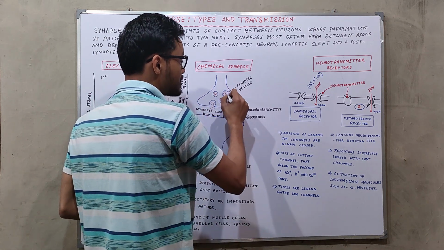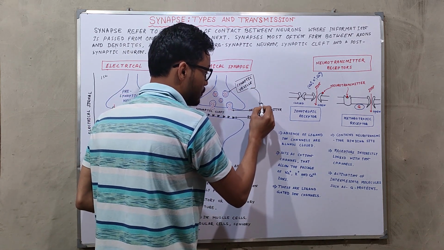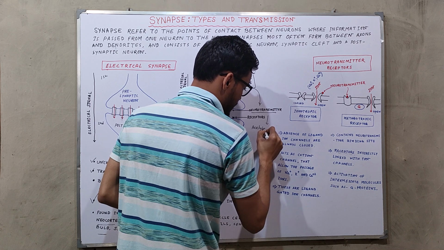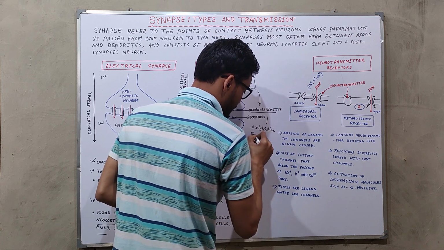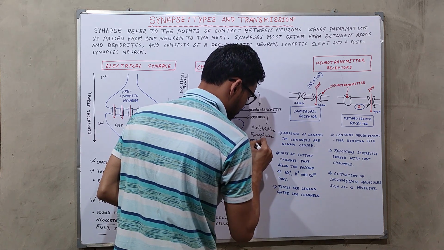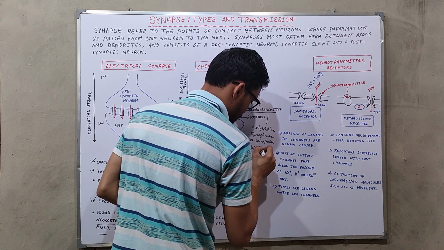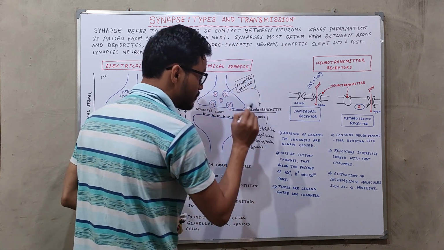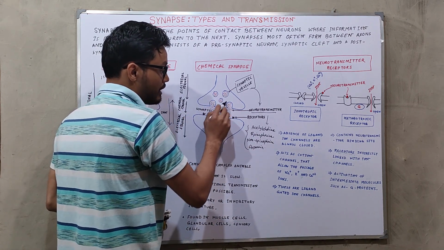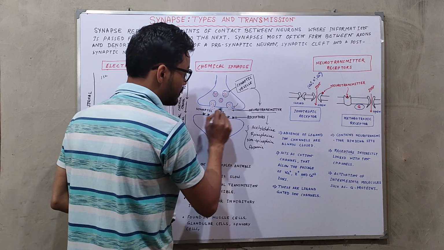The presynaptic neuron forms vesicles known as synaptic vesicles, and those synaptic vesicles are packed with neurotransmitters such as acetylcholine, epinephrine, norepinephrine, dopamine, etc. Those synaptic vesicles fuse with the membrane of the presynaptic neuron and release the neurotransmitter into the synaptic cleft.